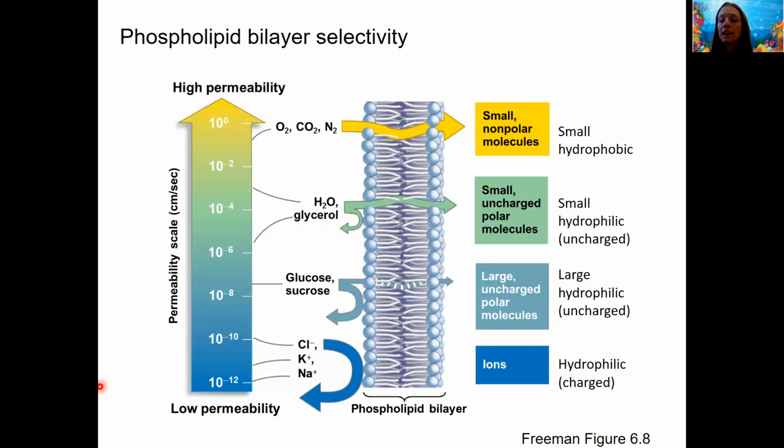So membrane proteins can alter the permeability of the membrane. The phospholipid bilayer itself is selective. The plasma membrane with those proteins in there is also selective, but it changes the selectivity, right? So we'll come back. The next lecture series will be on those transport mechanisms, either not using or using proteins.